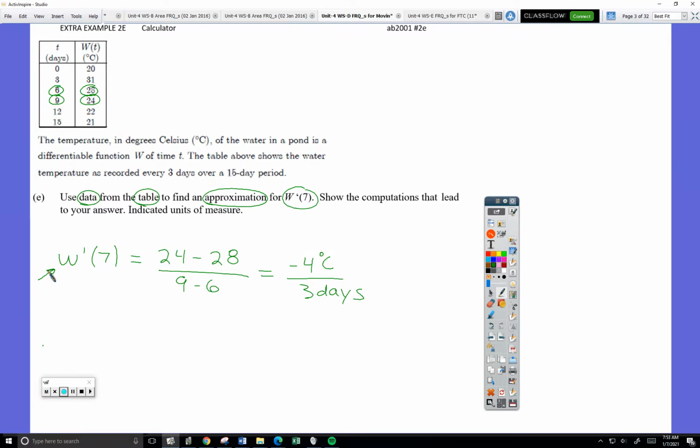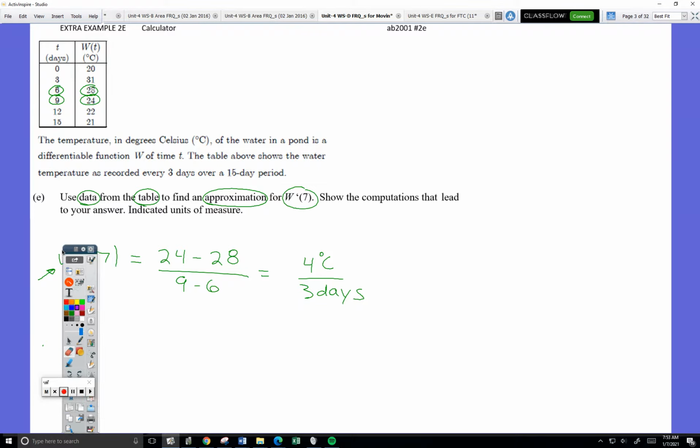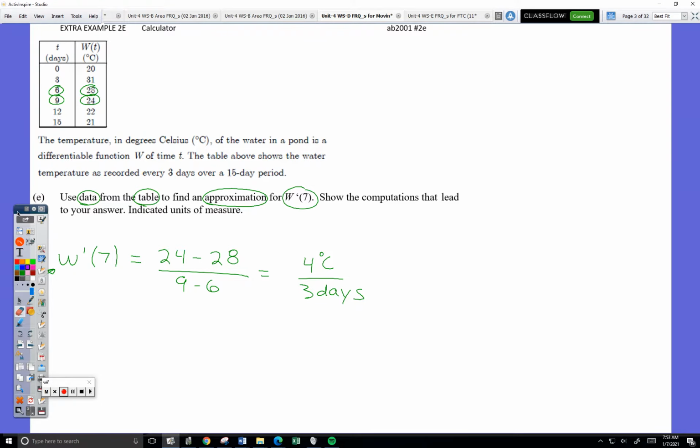Last class you assumed that you could just stop with the 24 minus 28 over 9 minus 6. Yes. No, really good question, Eric. It's kind of just my habit to keep going because I feel like this sticks in your head a little bit better as far as what it really means. But I agree completely with what you just said.